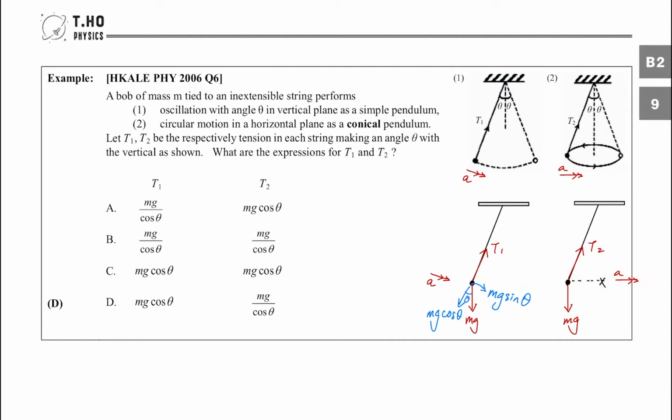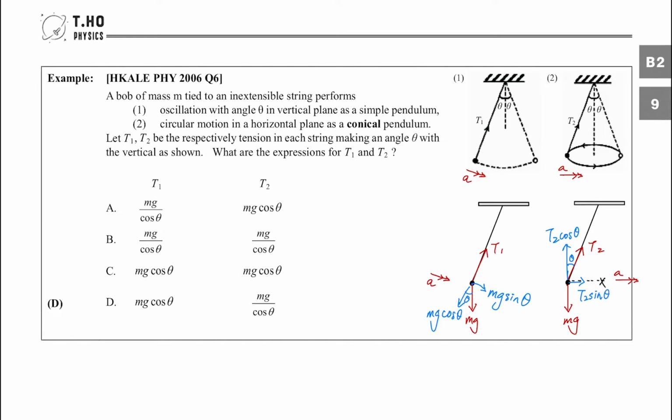We can just leave it like that because this force is perpendicular to the motion. However, if we look at T2, T2 and acceleration are not completely perpendicular nor parallel. So in this case, we need to resolve T2 into its components. So we'll resolve T2 into a vertical component, which is given by T2 cosine theta, and T2 sine theta.